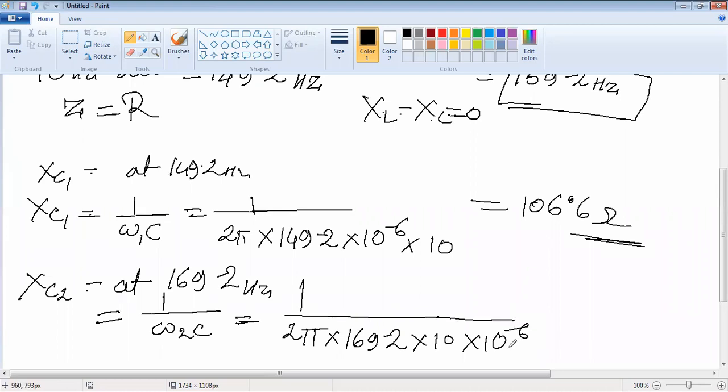This is the capacitance value, for microfarad, 10 to the power minus 6 is multiplied to convert microfarad to farad. It will give you 94.06 ohm.